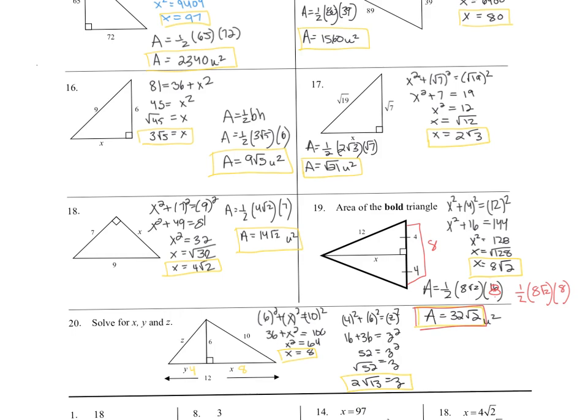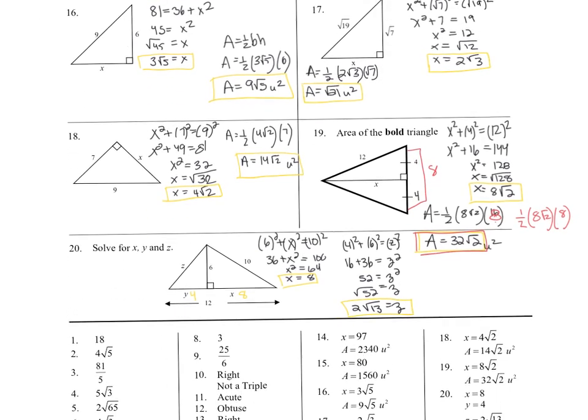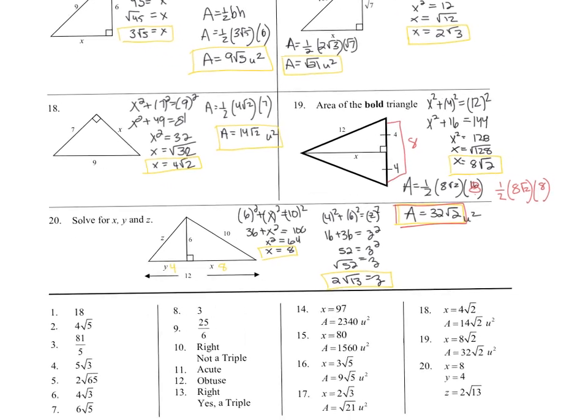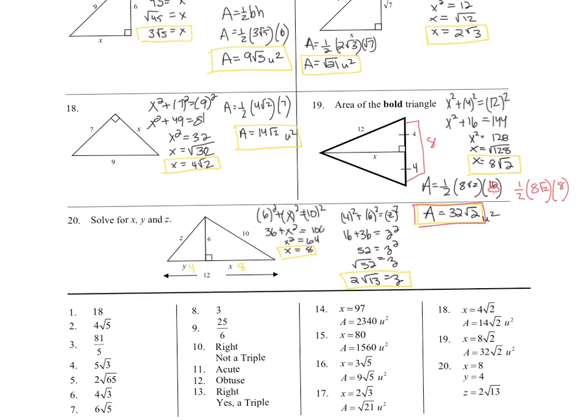And then for our last one here, number 20, we are looking at finding all three, x, y, and z. And so first place where my eyes go is I look at this triangle here on the right, and I have a 6 and a 10, so I can figure out this side.